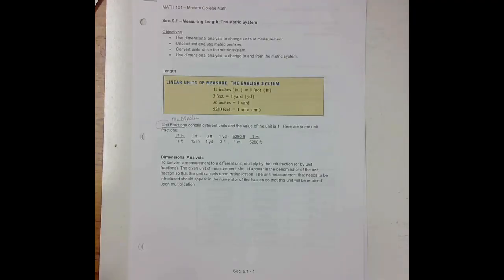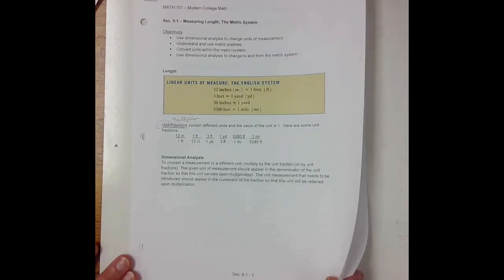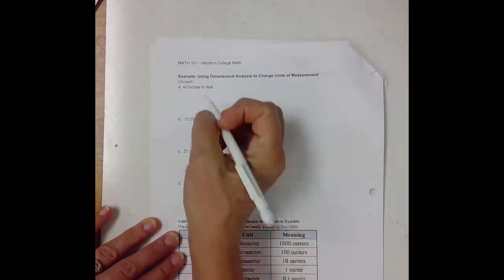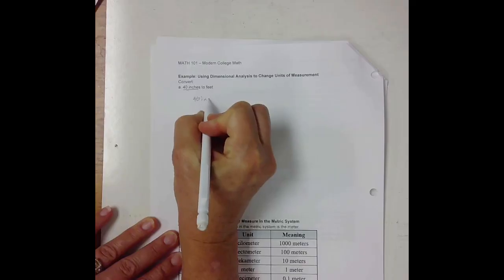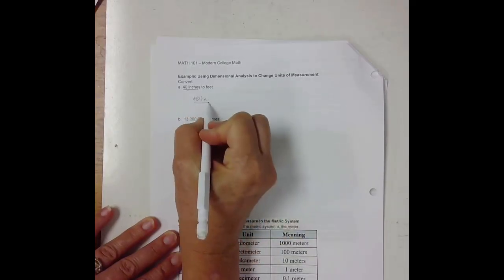But today we're going to talk about how we convert those. If I start off with 40 inches to feet, I'm going to rewrite this as 40 inches, abbreviated IN, over 1.